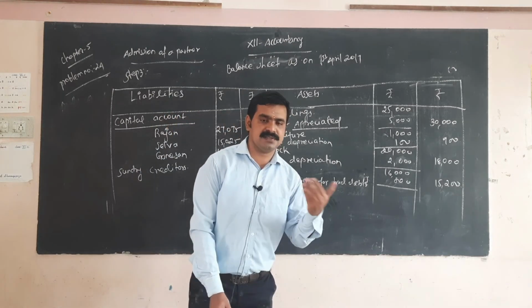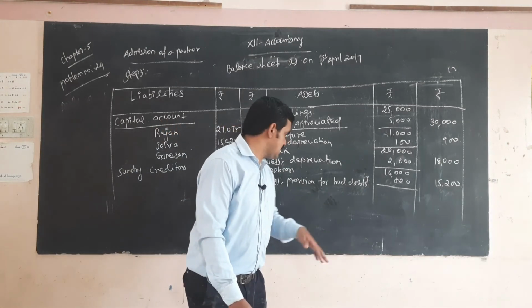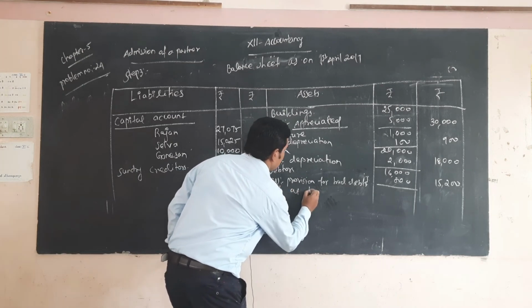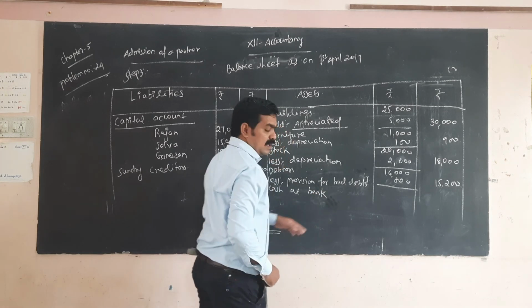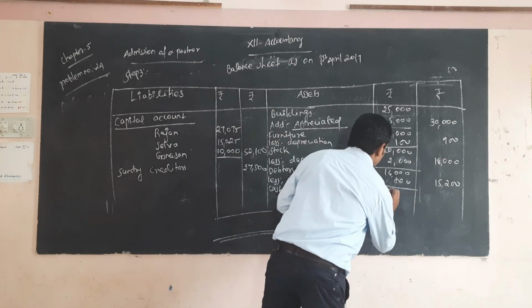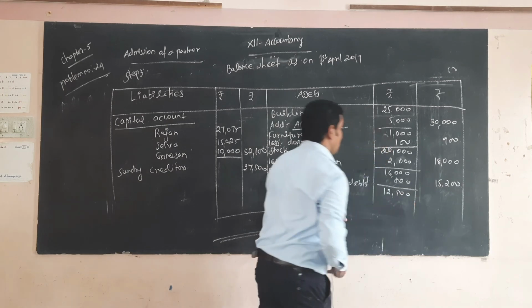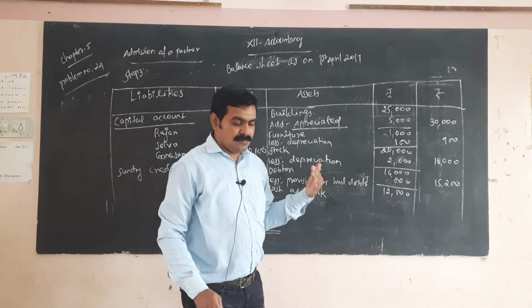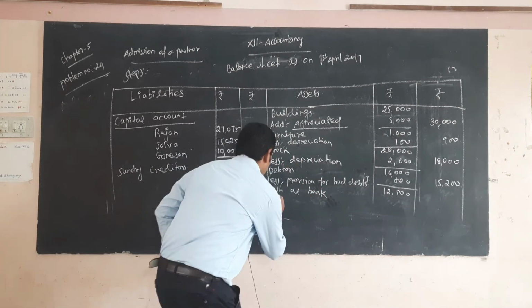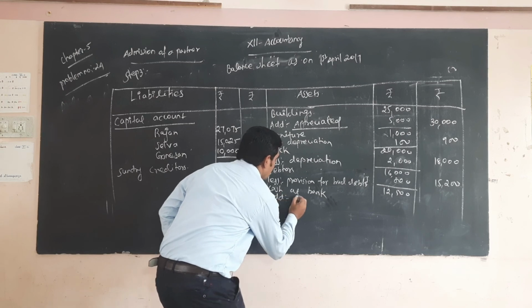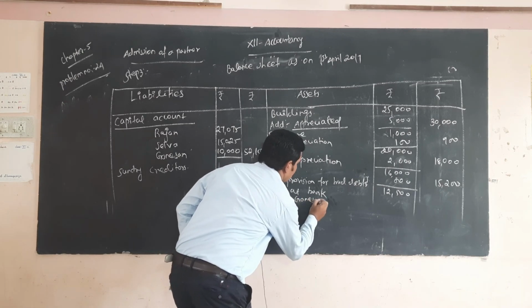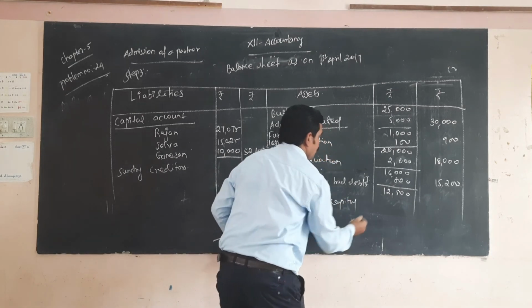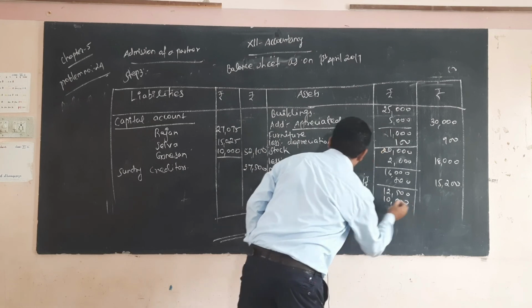Next, the last thing, cash at bank. Cash at bank is also one of the assets. What is the amount? 12,500. And we also consider one amount because the new partner brings capital, that is added: 10,000.